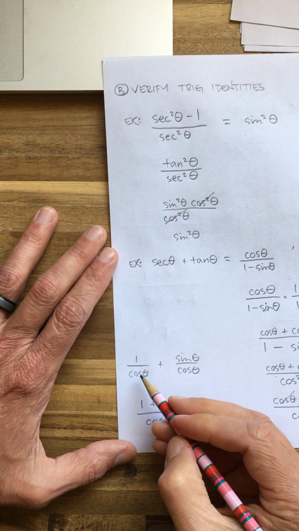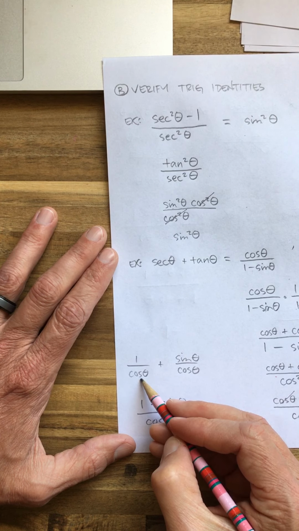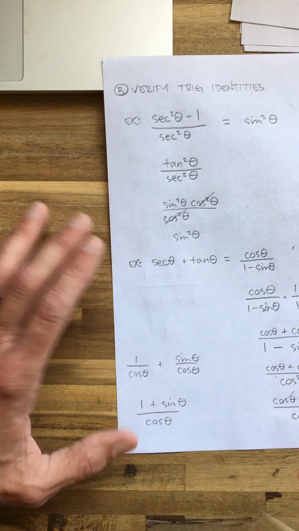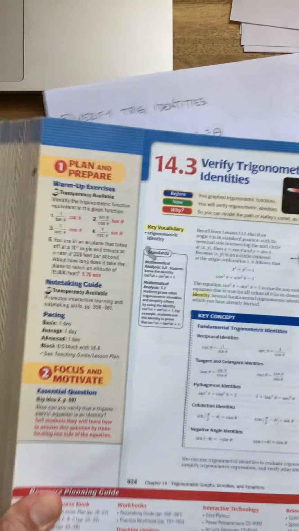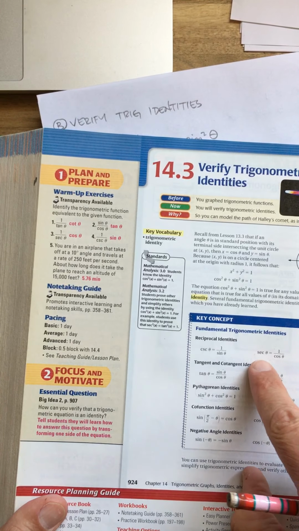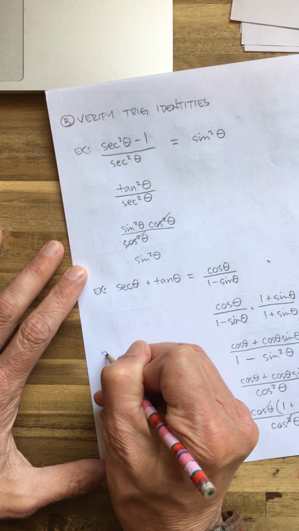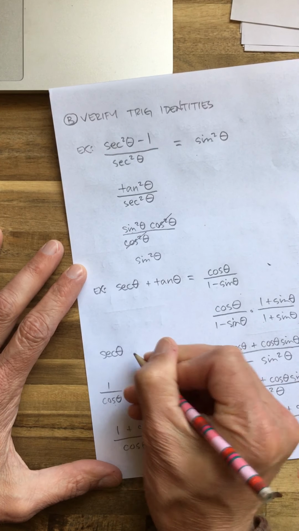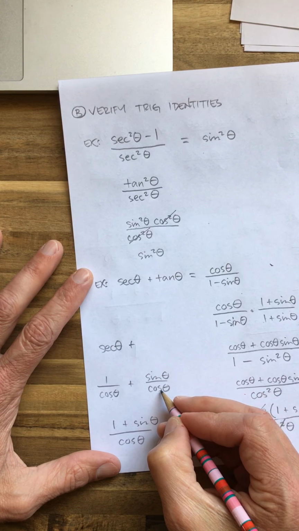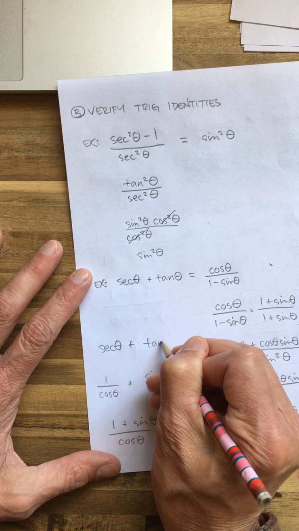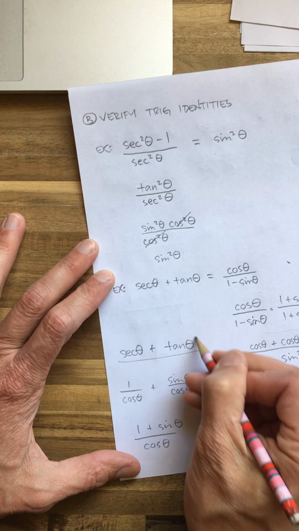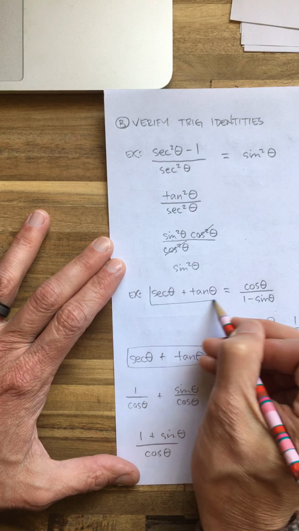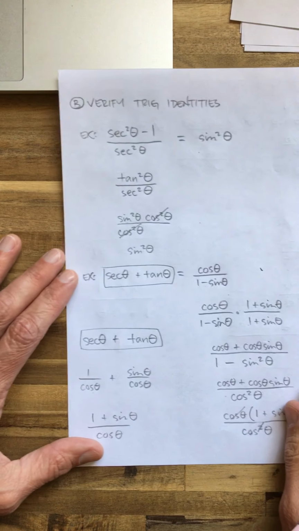What is 1 over the cosine of theta? Remember, 1 over cosine of theta equals secant of theta. Plus, what's sine of theta over cosine theta? Tangent of theta. Look at this. That's what we were trying to get.